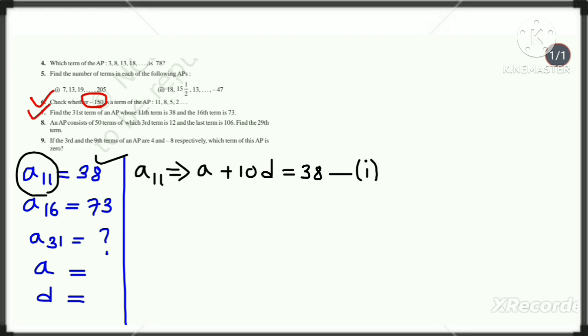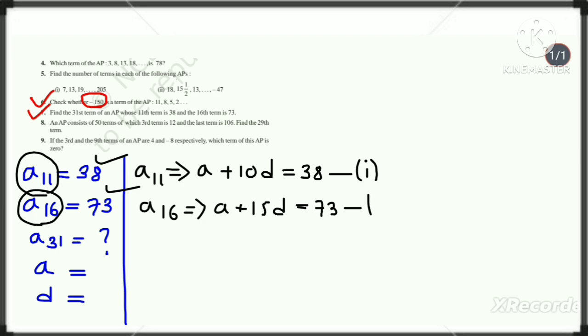Similarly, this A16 can be written as A plus 15D, and it is equal to 73, and it is our second equation.